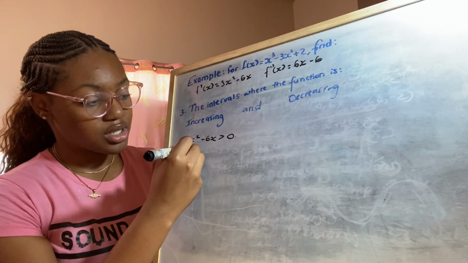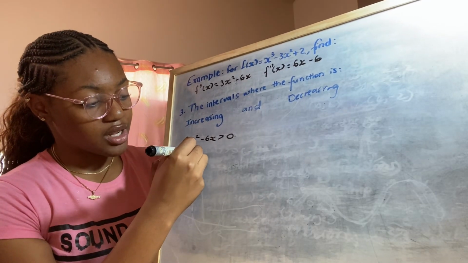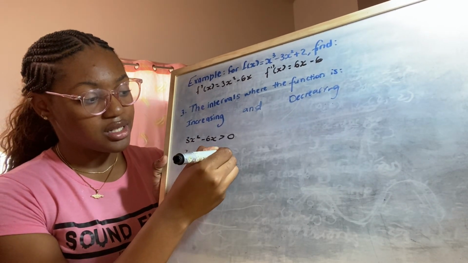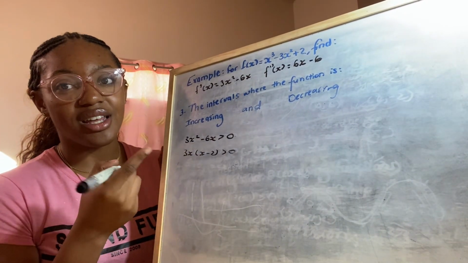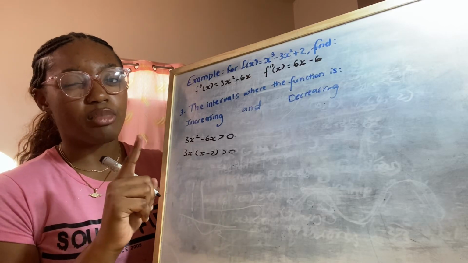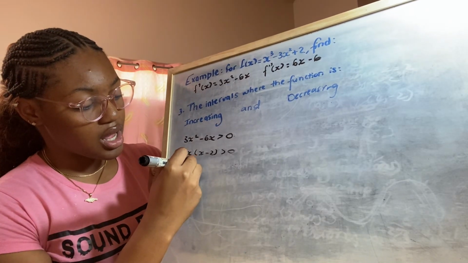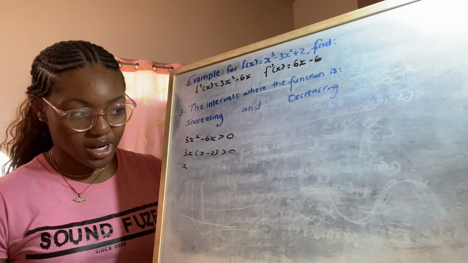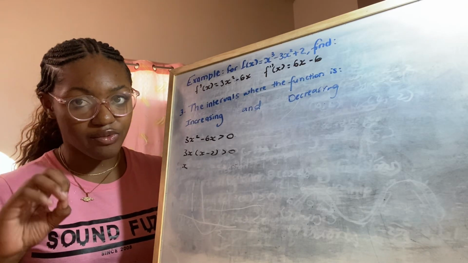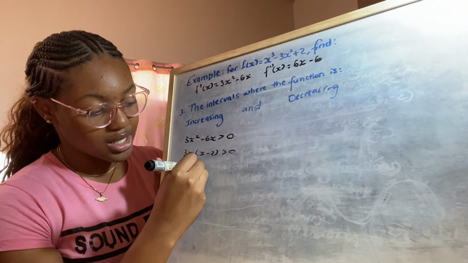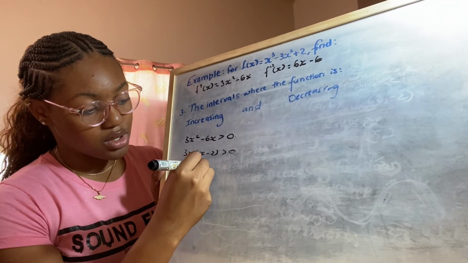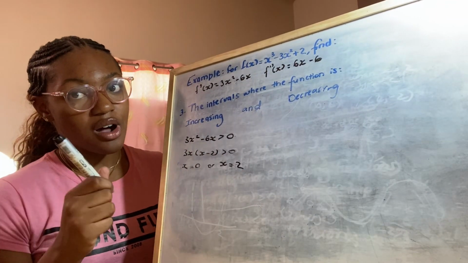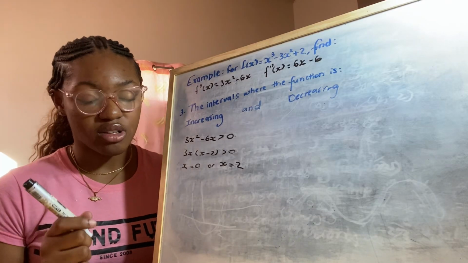So just factor normally, where we have that, because we did that in the first part of the question. And for the critical points, being the points where x is equal to some value, we know that it is x is equal to 0 or x is equal to 2, because recall from the first part of the question.